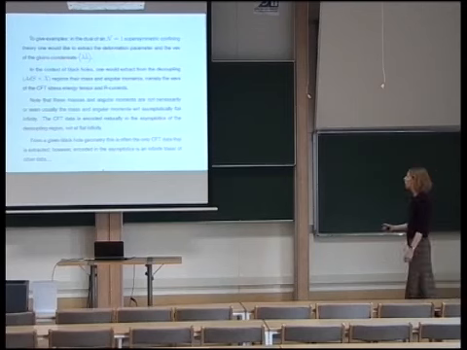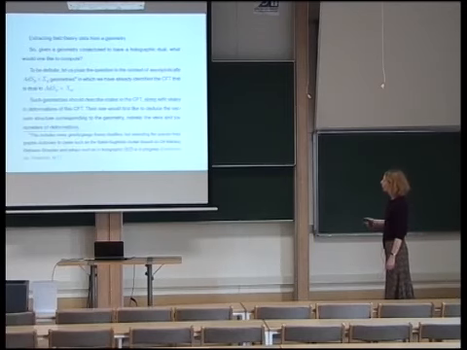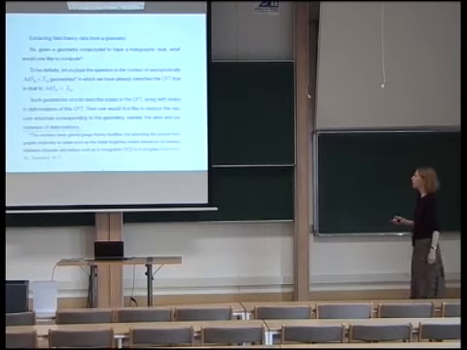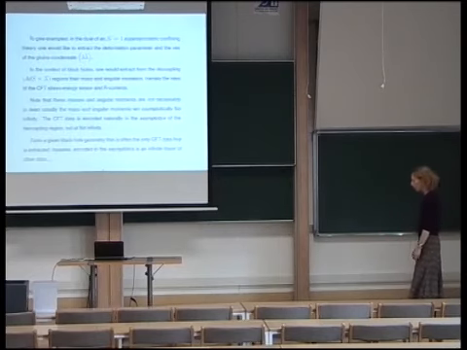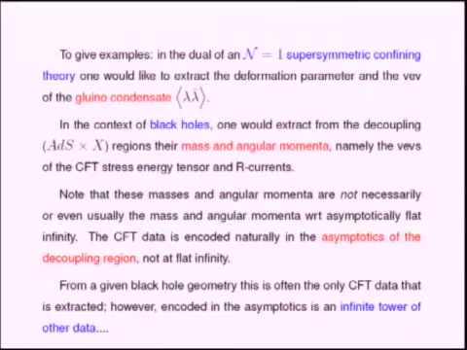Okay, so again, firstly, you would like to deduce the vacuum structure for the geometry: vevs and parameters of deformations. Let me give you some examples of this. Suppose we had a dual for an N=1 supersymmetric confining theory. There are candidate semi-duals, not entirely satisfactory, but there are some candidates for this.